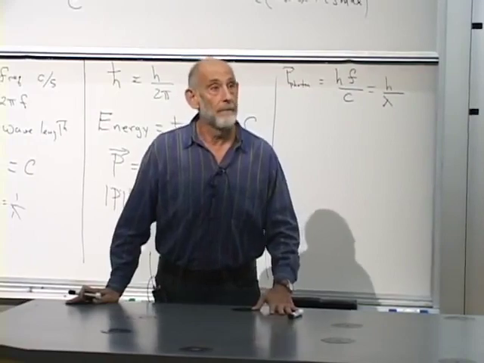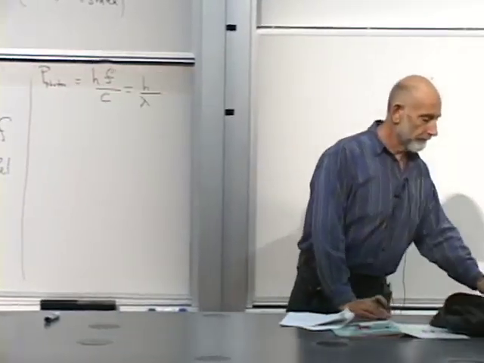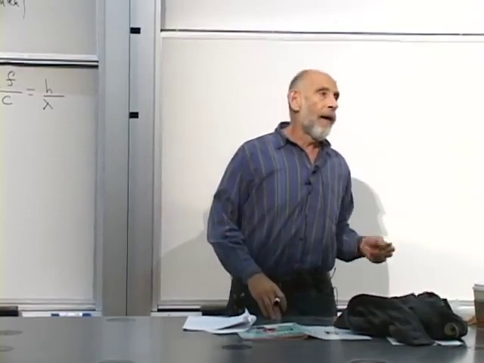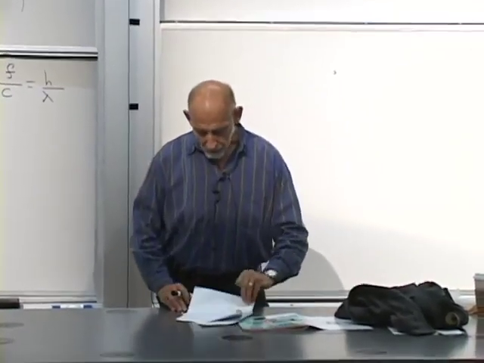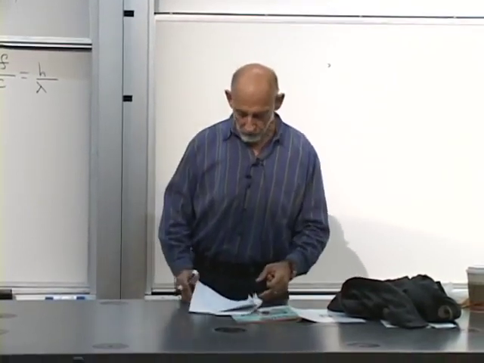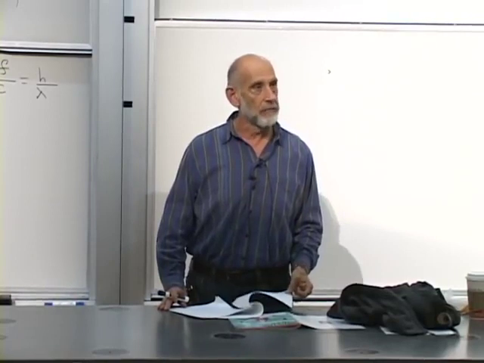Question? Yeah. The formula E equals h bar omega. Is that fundamental, or is that derived from some symmetry that we're going to learn later on? It derives from the quantum mechanics of the harmonic oscillator.